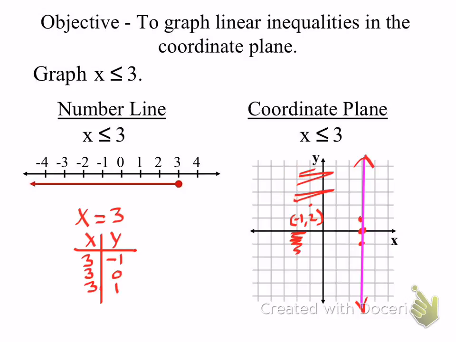One thing that I like to do is look at my axis. On my x-axis, which is like a number line, here's 0, 1, 2, 3, 4. Where are the numbers less than 3 on the x-axis, Chris? They're the ones to the left.